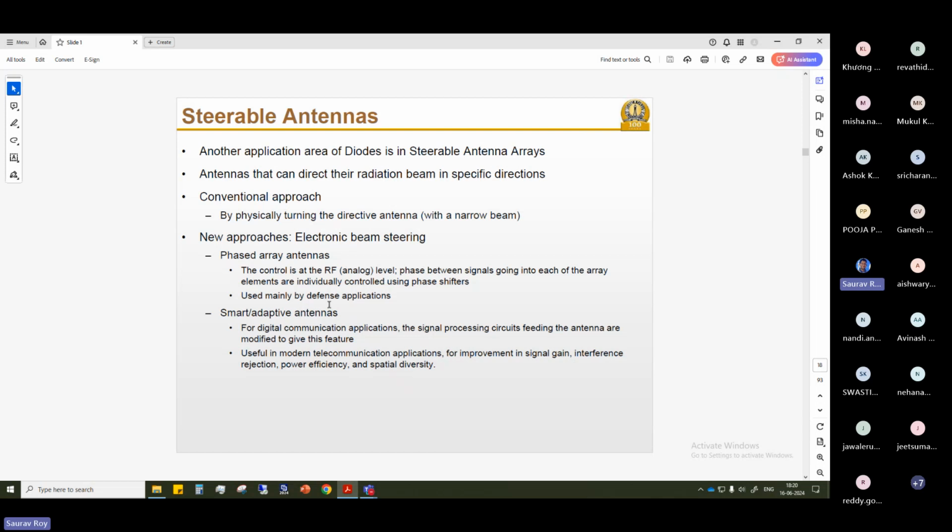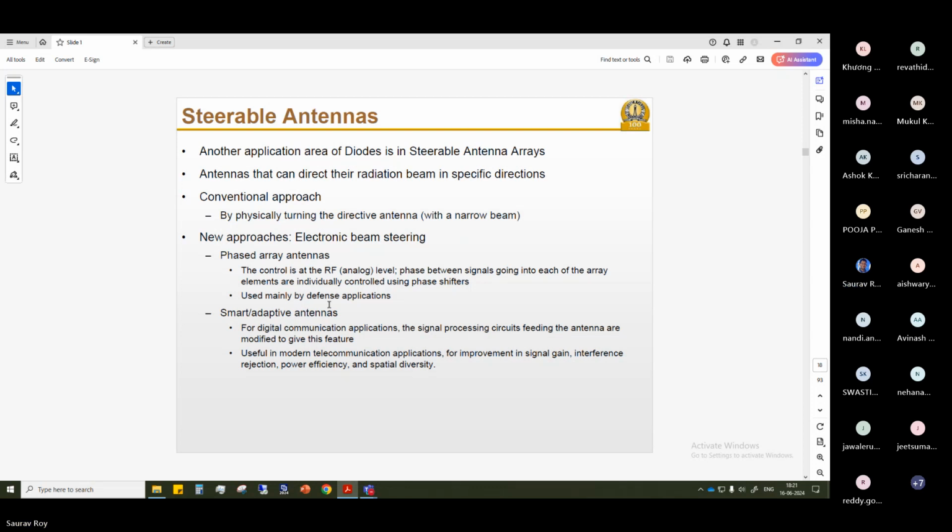Now, coming to the application of these switches. So, one application is for making a phased array. So what is phased array? Phased array is if you have a composite antenna with multiple antennas together, so you can give defined amplitude or phase response to these antennas so that it will generate a beam steering or beam switching.